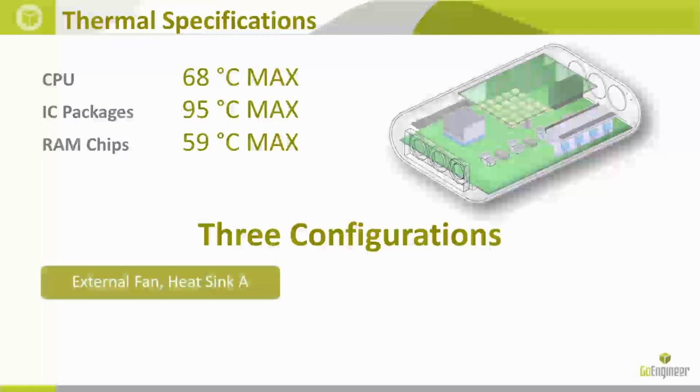We have control over whether the fan is an inlet fan or an outlet fan. So in this case, our fan is going to be external, and we're going to use the heatsink. One of the configurations is going to use the heatsink that you see on the model on the right.